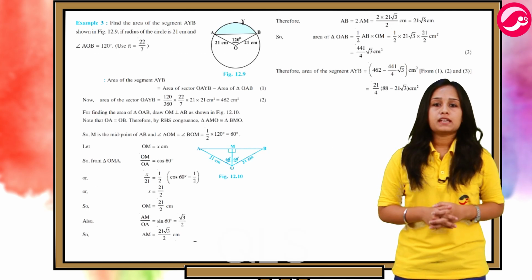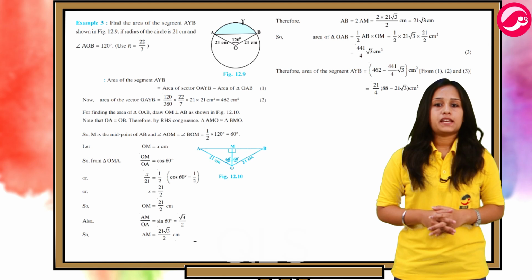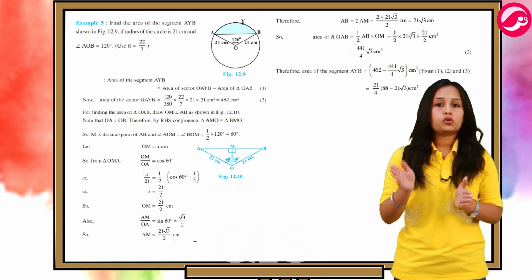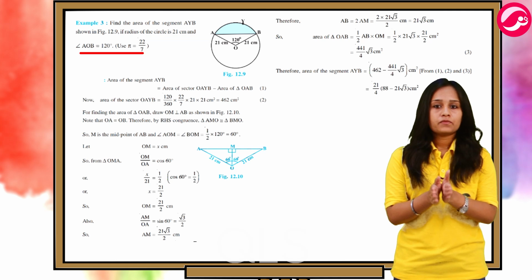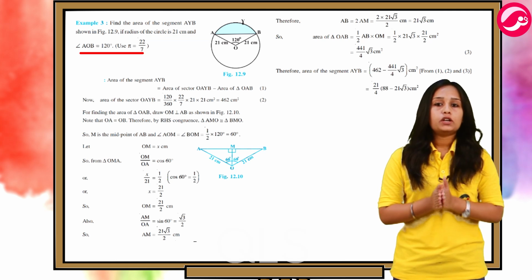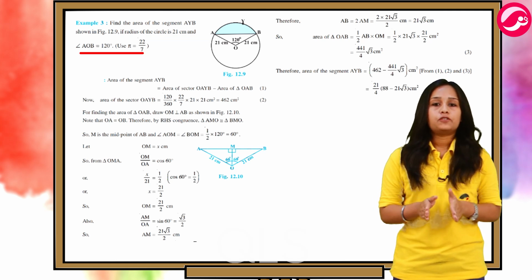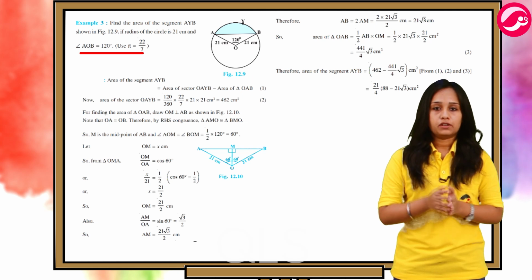Now our second problem says that find the area of the segment AYB, which is shown in the figure, if radius of the circle is 21 centimeter and angle AOB is equal to 120 degree. Here we have to use pi is equal to 22 by 7.